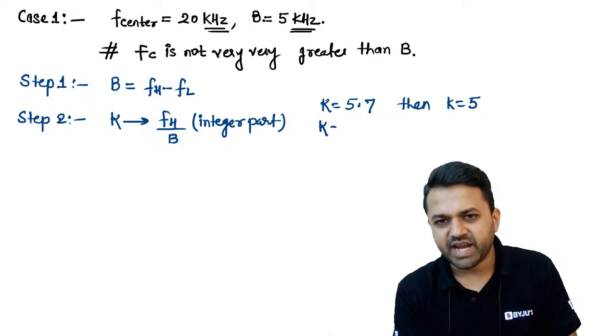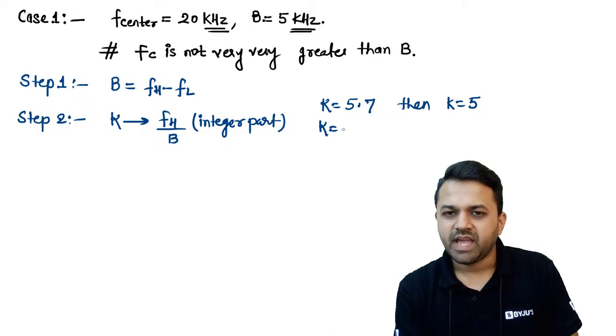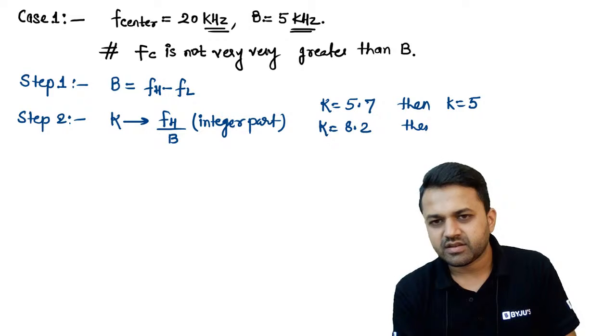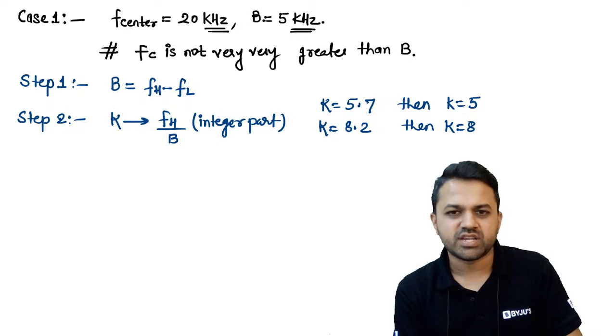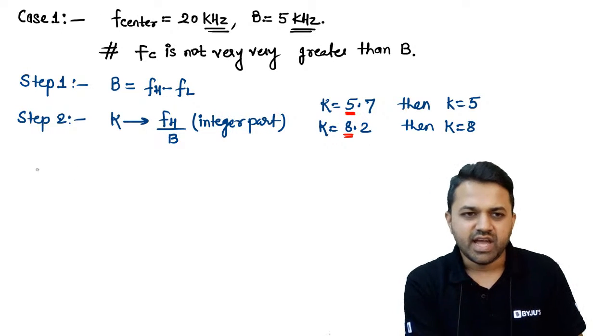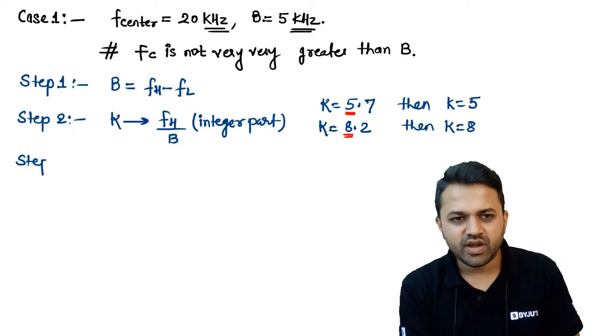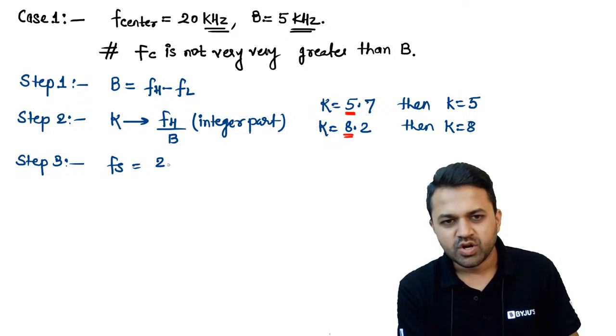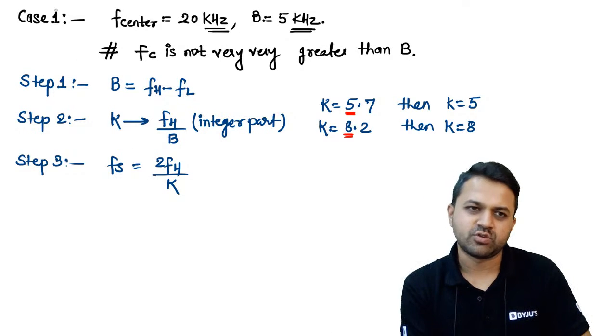If you divide FH upon B and get 8.2, then K will be 8. So we are choosing only the integer part. And then step 3, the sampling frequency is equal to 2FH upon K. These are the 3 steps you have to apply.